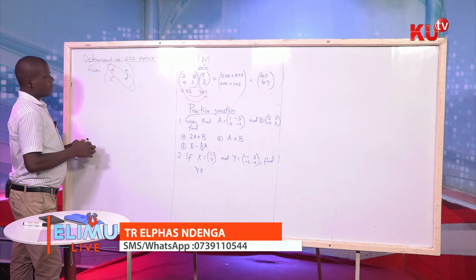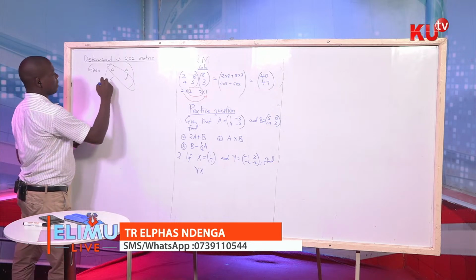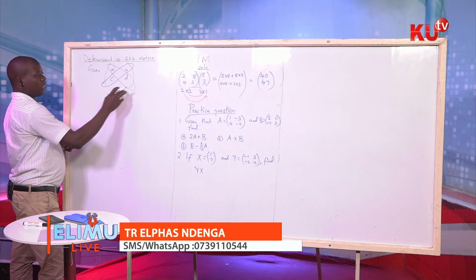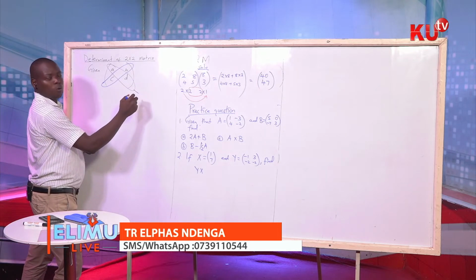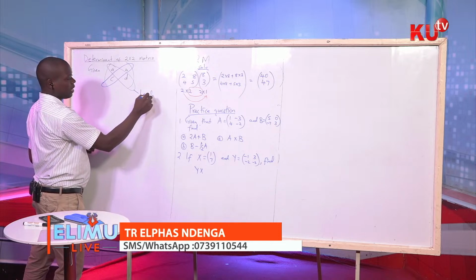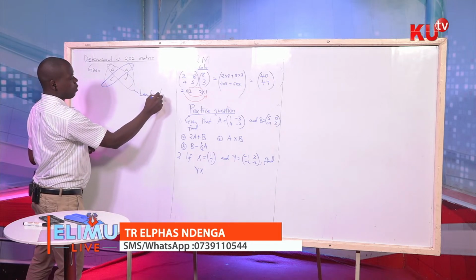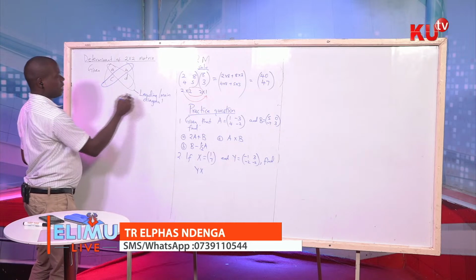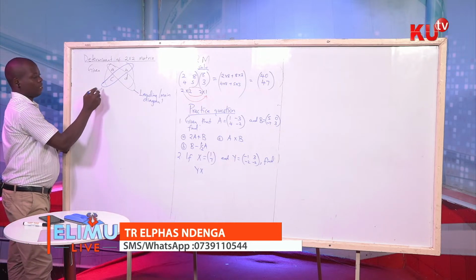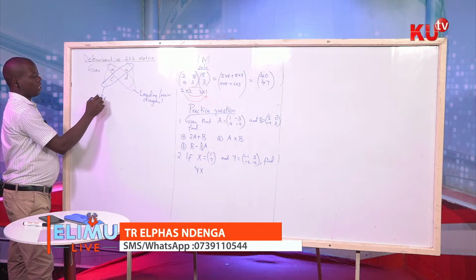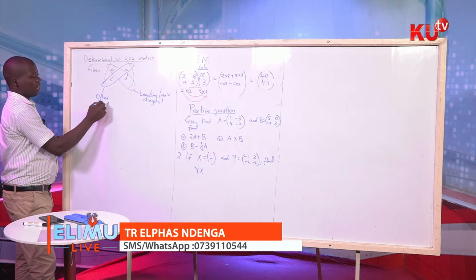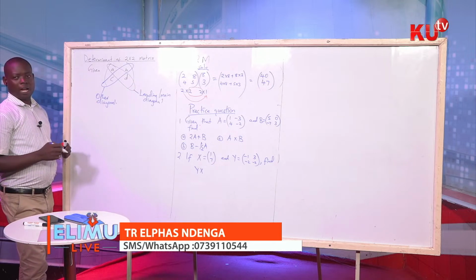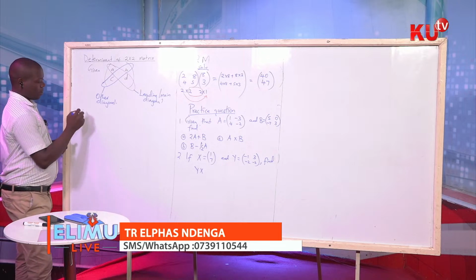Element C and B, they are in another diagonal. How do we call this diagonal? We call it the leading diagonal, or the main diagonal. What about the other? Yes, this one is called the other diagonal. So we have the leading diagonal and the other diagonal.